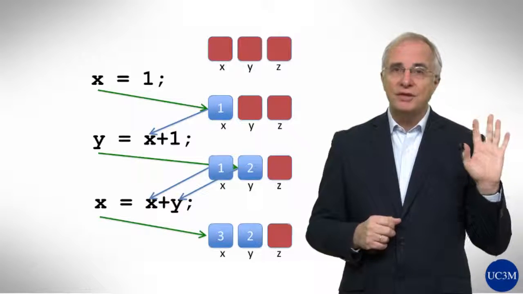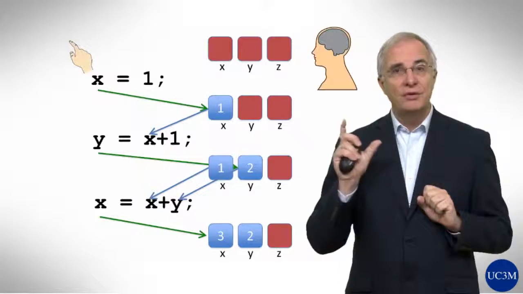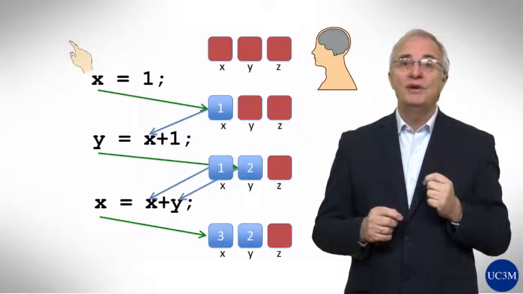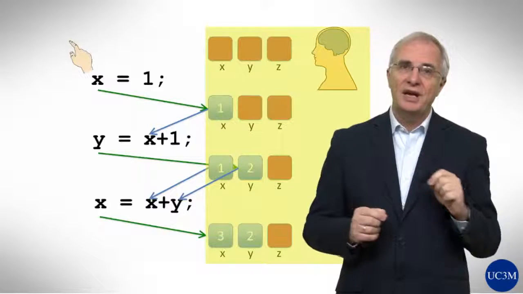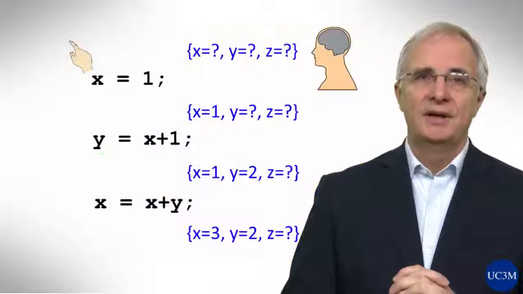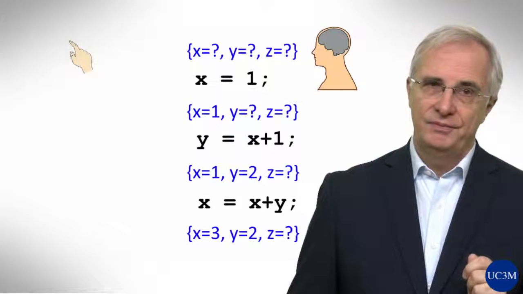Bear in mind that what you see on the left is what you have to type. And what you see on the right is what you have to think. In future, you will need to be able to reason without having to write it explicitly down. The variables together with the values is what we call state.